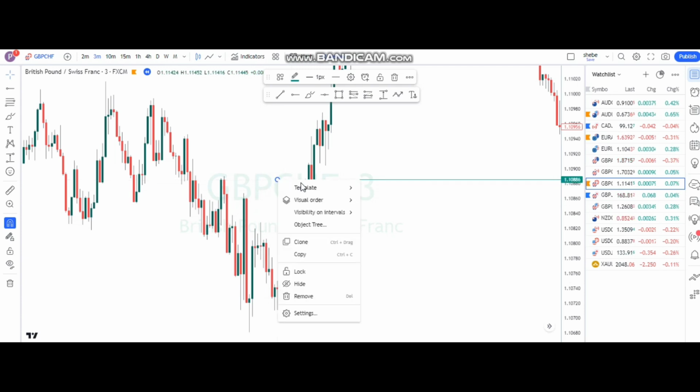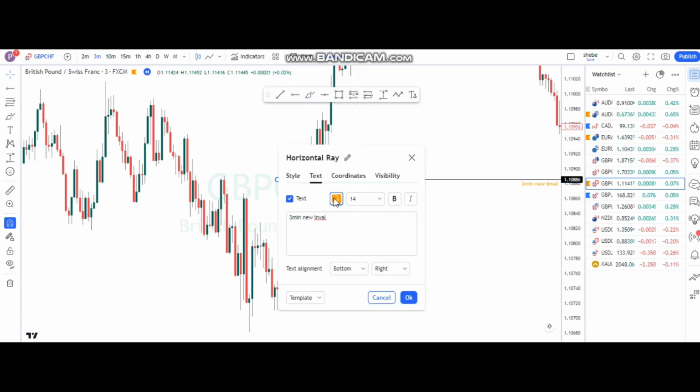So making this one our 3 minutes new invalidation point. Let me name it fresh. Invalidation point like you see over here. Let me make it more visible like that one. New invalidation point.